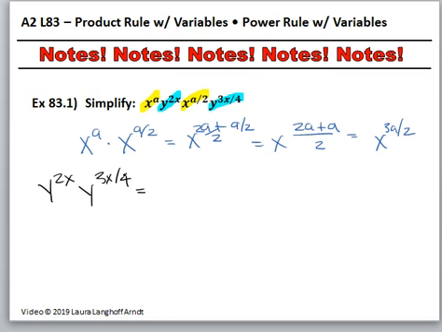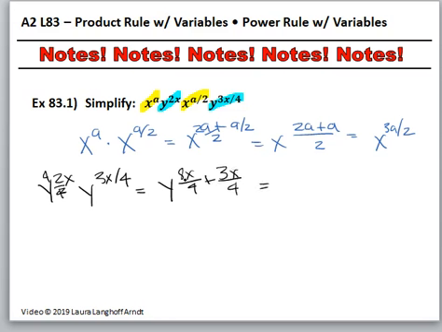And we have y to the 2x times y to the 3x over 4. And that means we're going to need a common denominator of 4. So we're going to have 2 times 4 over 4. Whoops, that's a 2. So we have y to the 8x over 4 plus 3x over 4.